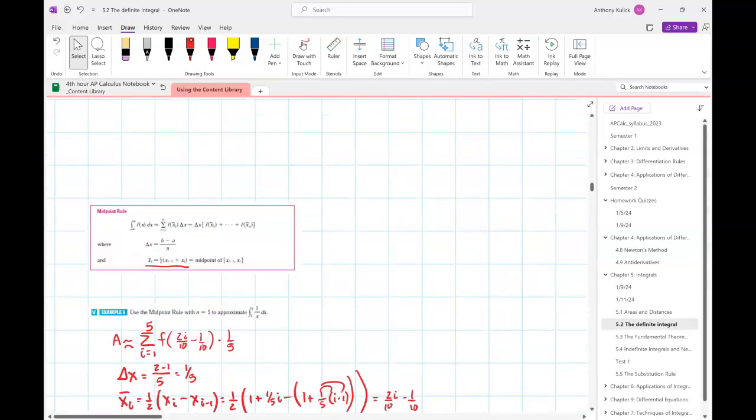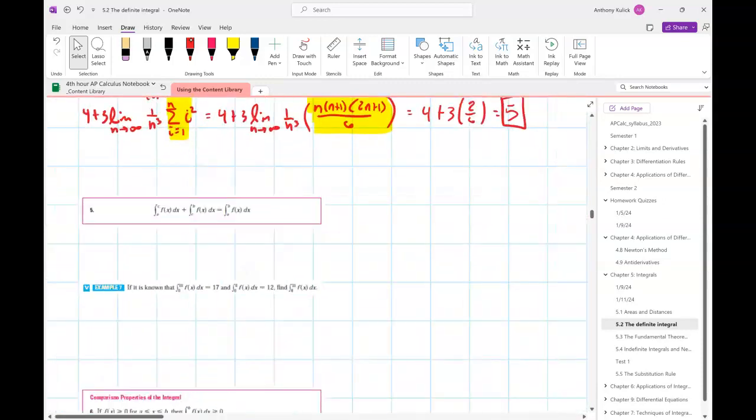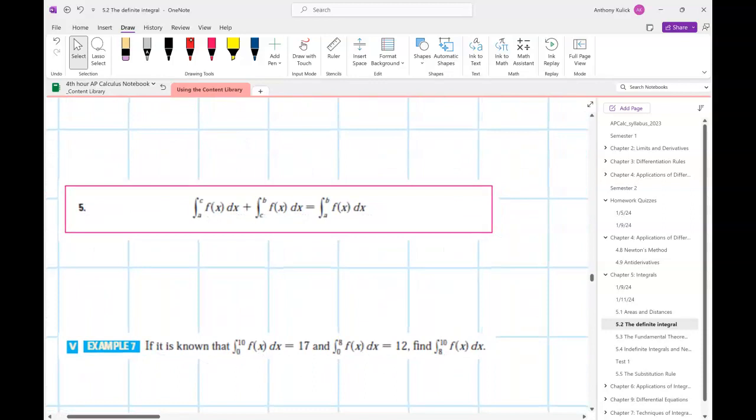That's all this property here is saying, is that you can do that whenever you want, right? If you go from A to C and then C to B, that's the same thing as just going from A to B. So you can break them up or combine them together, whichever way you want to go. That's something you can do as long as the upper bound of one matches the lower bound of the next. Together they go. Everybody feel okay?